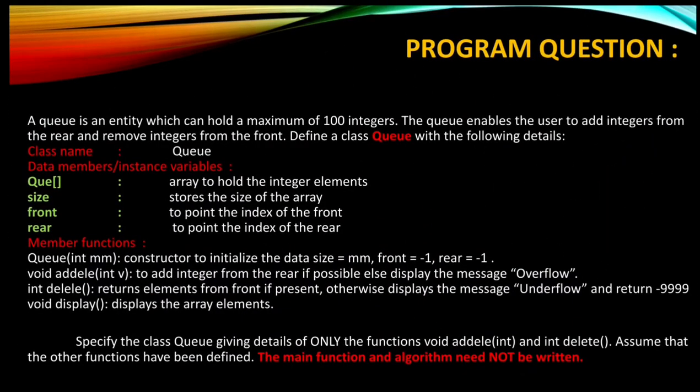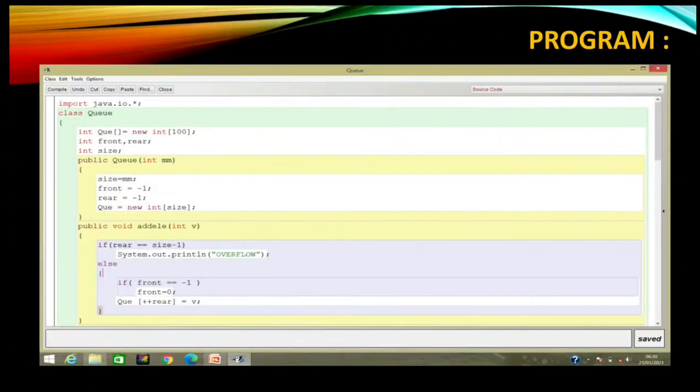Now after that, the member functions contain a constructor, a parameterized constructor which contains a size value which we have to store in size, and then front and rear locations will be -1. See, that's why I had written. But one thing keep in mind, that user can provide us size. That's why I declared a value of Q again.